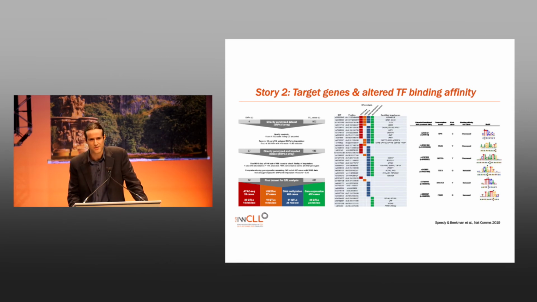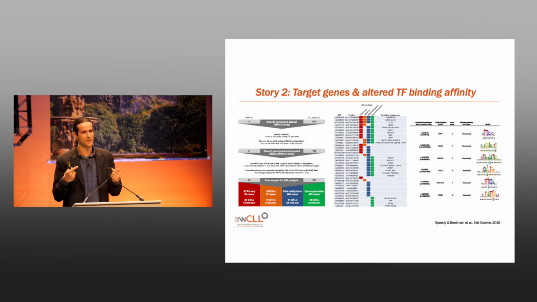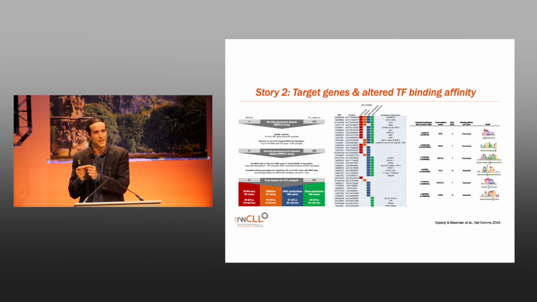Something very interesting, which links this study to the previous one, is that when we analyzed the effect at the DNA level of these particular single nucleotide changes, we saw that in some regions the SNP change produced an increased or a decreased affinity towards particular transcription factors.